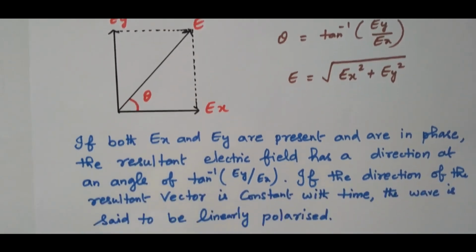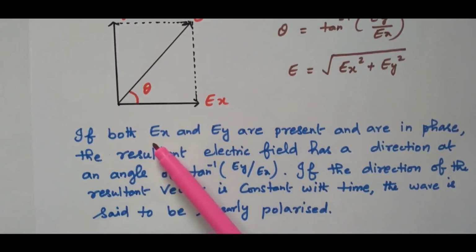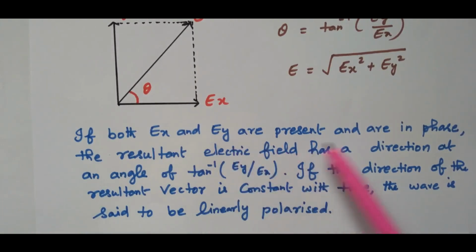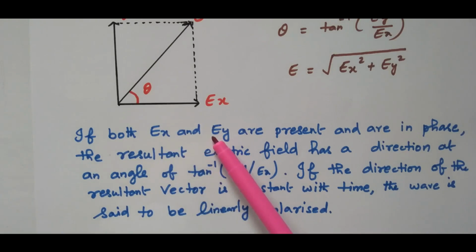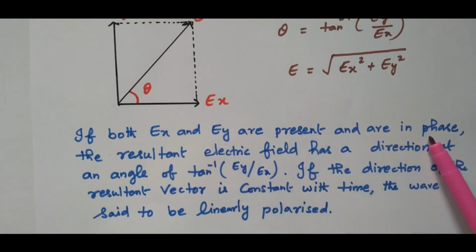We'll see the description. If both EX and EY are present and in phase, then the resultant electric field has a direction of angle tan inverse EY by EX, right? So in the third type, both EX and EY are available and also in phase.